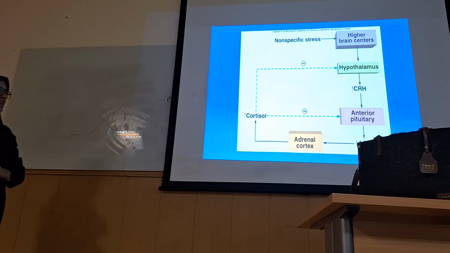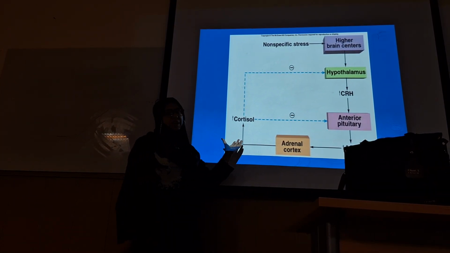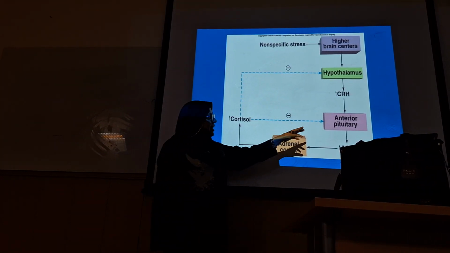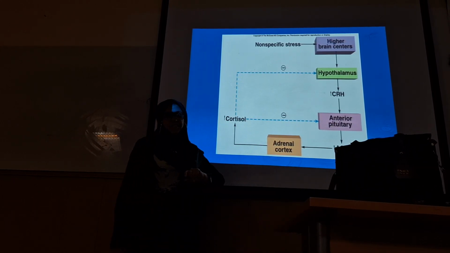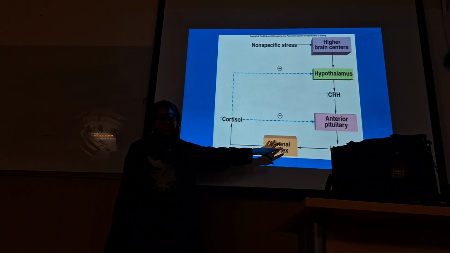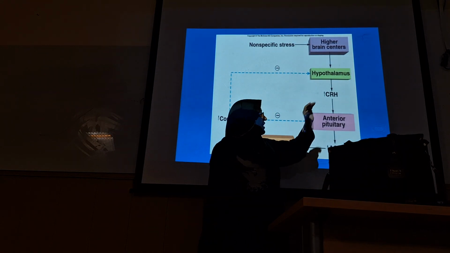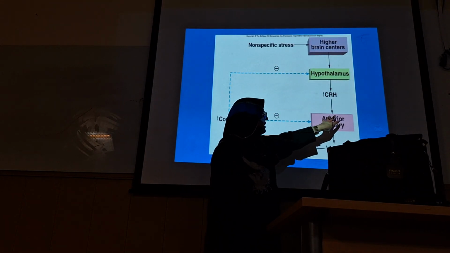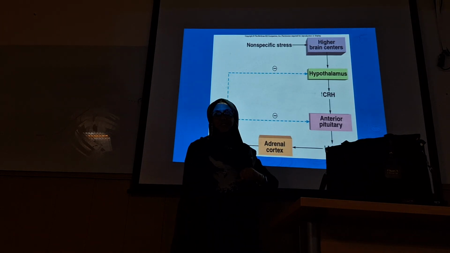This slide shows the control of adrenal hormones, similar to thyroid hormones. For example, this is the adrenal cortex, which releases cortisol. The anterior pituitary gland releases ACTH, which has receptors on the adrenal cortex. The hypothalamus releases CRH, which has receptors on the anterior pituitary gland and activates ACTH release.